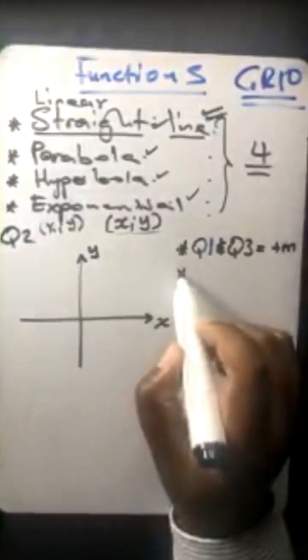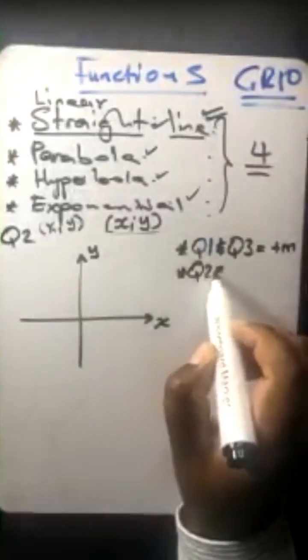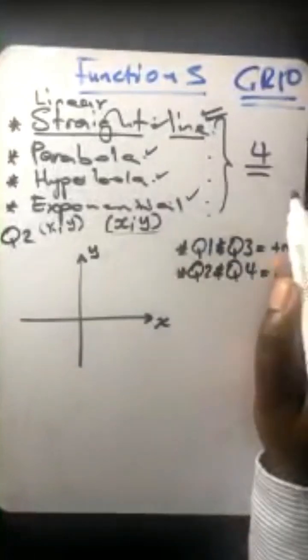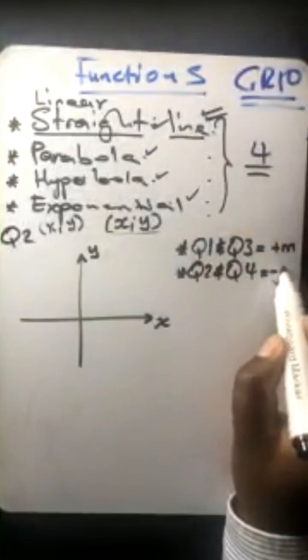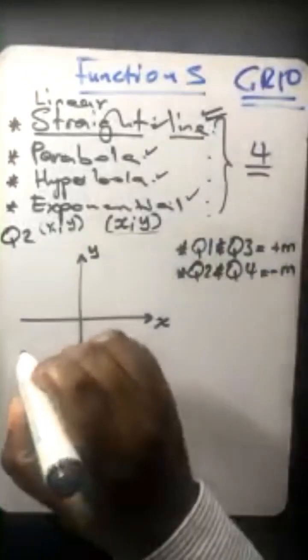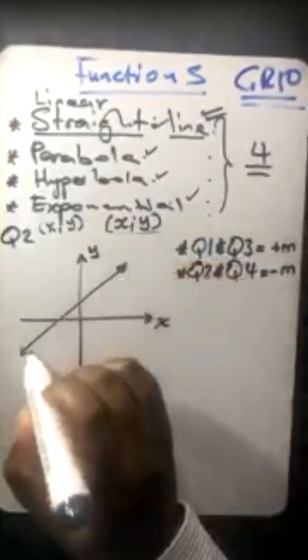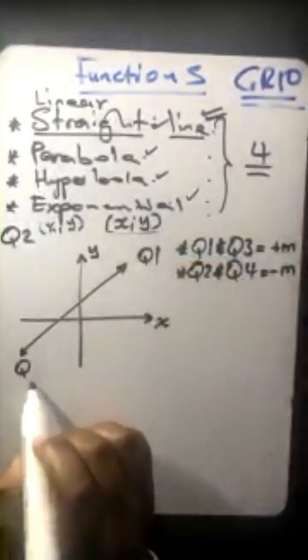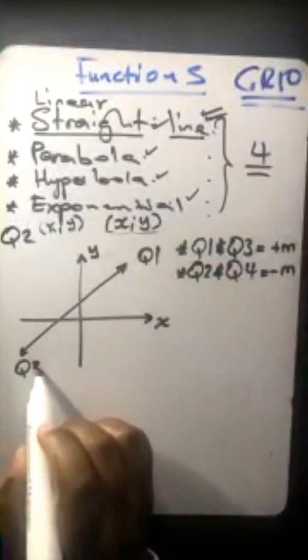And a line that passes through quadrant number 2 and quadrant number 4 always has a negative gradient. So just quickly, an example: a straight line similar to that. Can you see? It passes through quadrant number 1 and quadrant number 3.